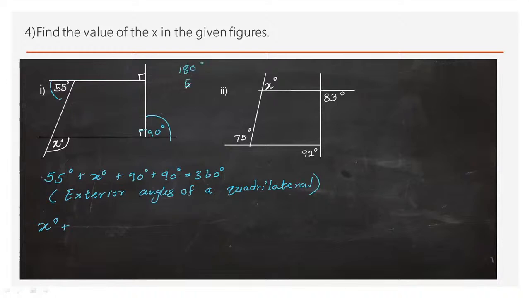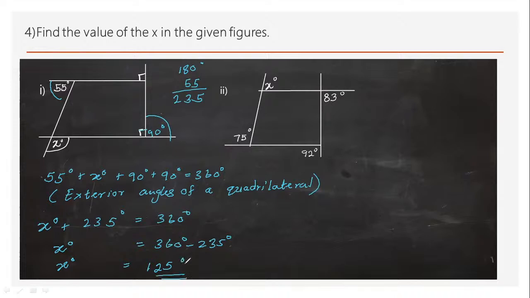Add 55 to this, 5, 8 and 5, 13, 1 remainder, 235 equals 360. x equals 360 minus 235. x equals 10 subtract 5, 5, 5 subtract 3, 2, and 3 subtract 2, 1. 125. Exterior angles, that x equals 125.